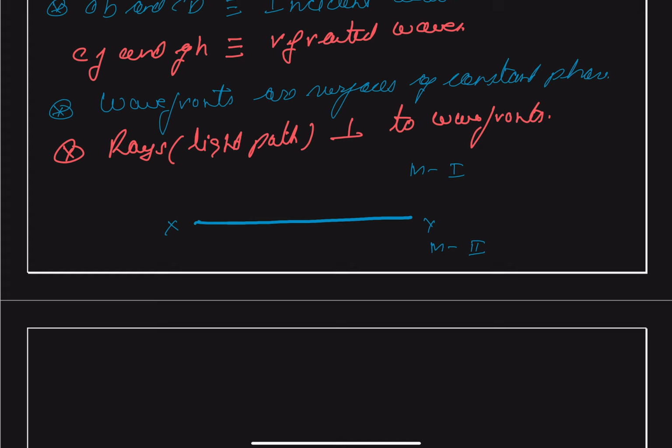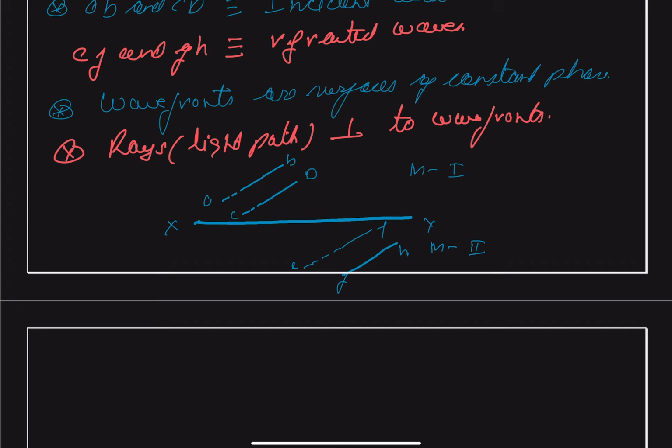This is AB and this is CD, and the other two are in medium 2, which is something like this, and they are EF and GH.